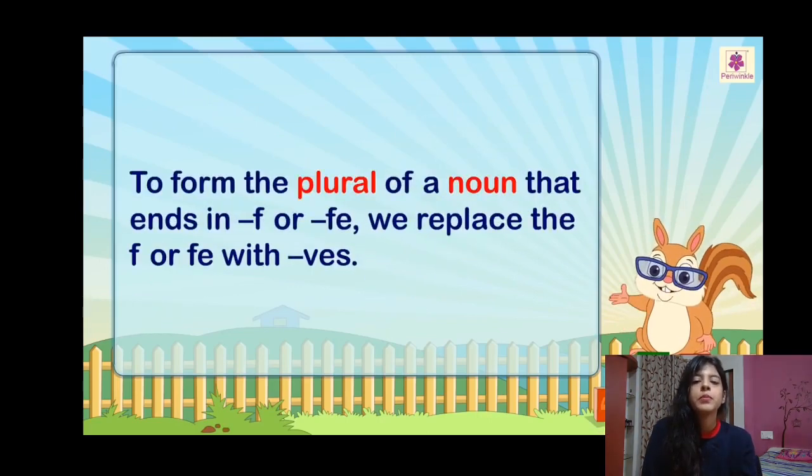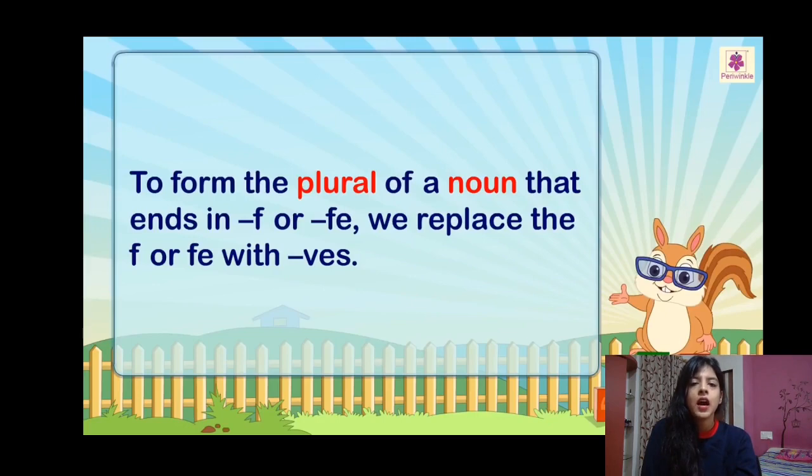To form the plural of a noun that ends in F or FE, we replace the F or FE with VES. So the nouns which end in F or FE, we replace it with VES. Like half.